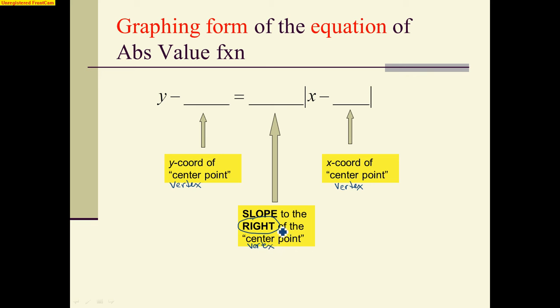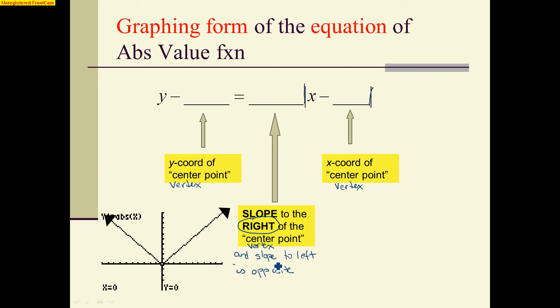We didn't get to decide that, but you need to understand that the minute I have absolute value, I really have two slopes. The slope to the left is the opposite of the slope to the right. You just don't write that one in the equation.